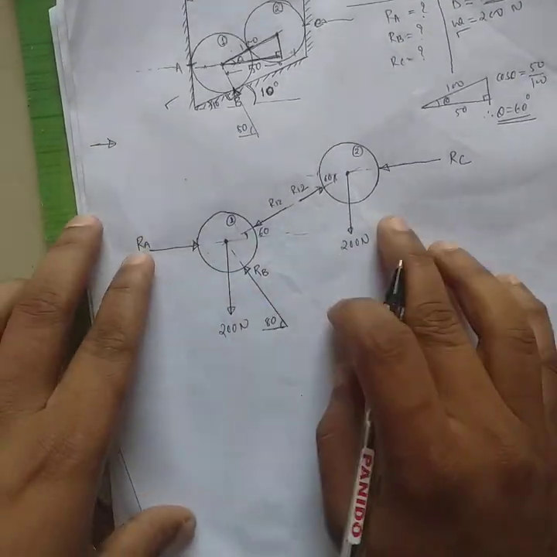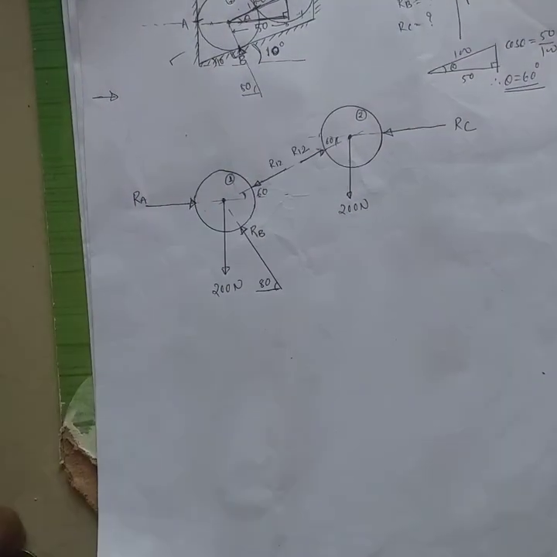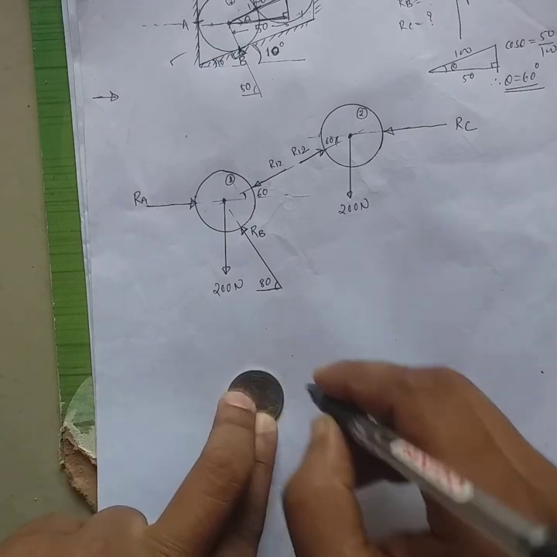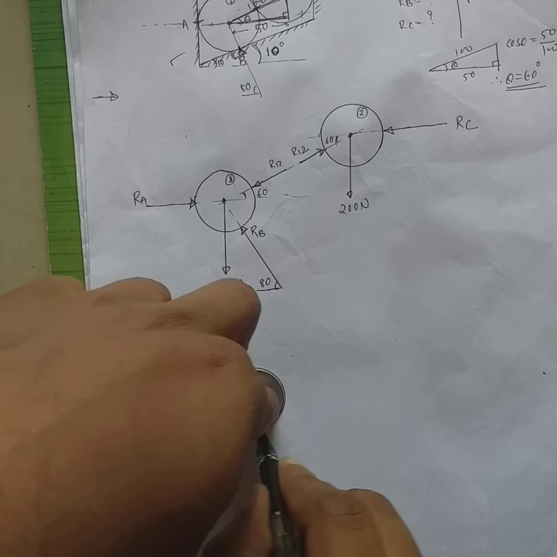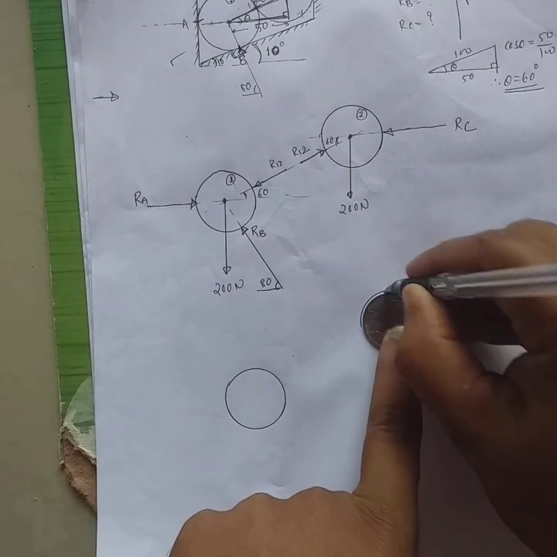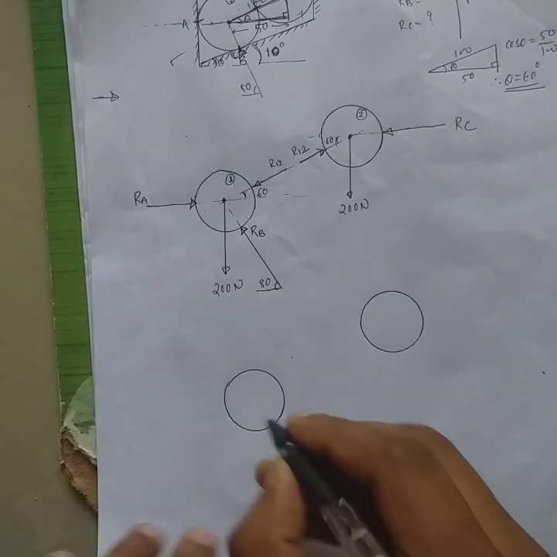Okay, now once you draw the FBD, you rearrange the forces. So for the rearrangement of forces, we'll draw one more FBD for simplification. So this is cylinder 1, this is cylinder number 2. We'll rearrange the forces.